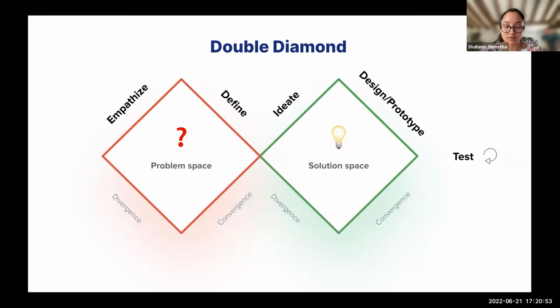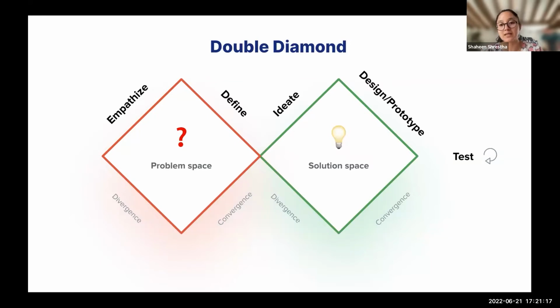Now after we define, again we ideate, and again we diversify. Why? So that we have enough exploration in our hand, so that we are not stopped by anything. So again we diversify. And then after we diversify and come down to a few inspiration mood boards, we have an understanding of how we want the application to be.